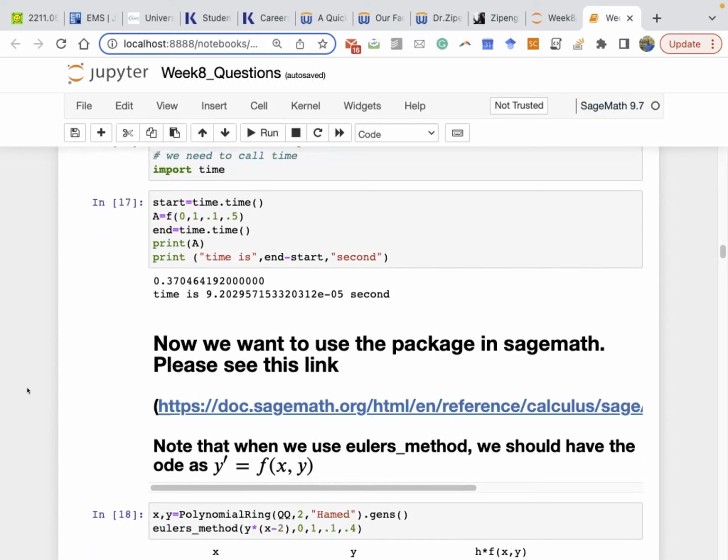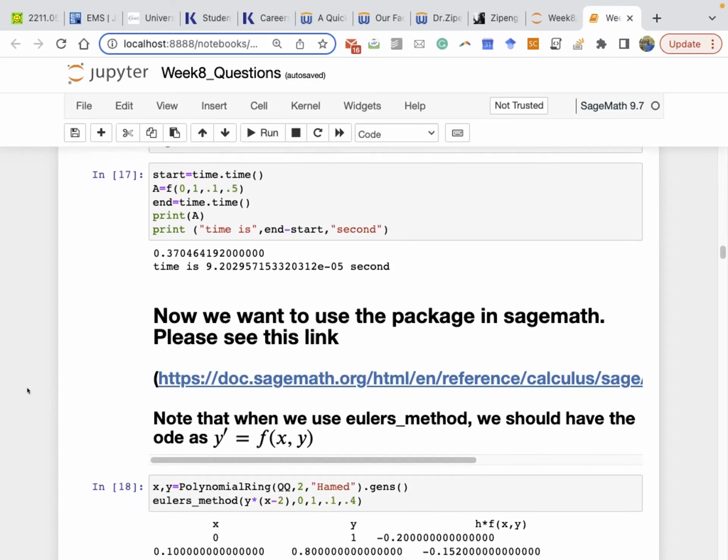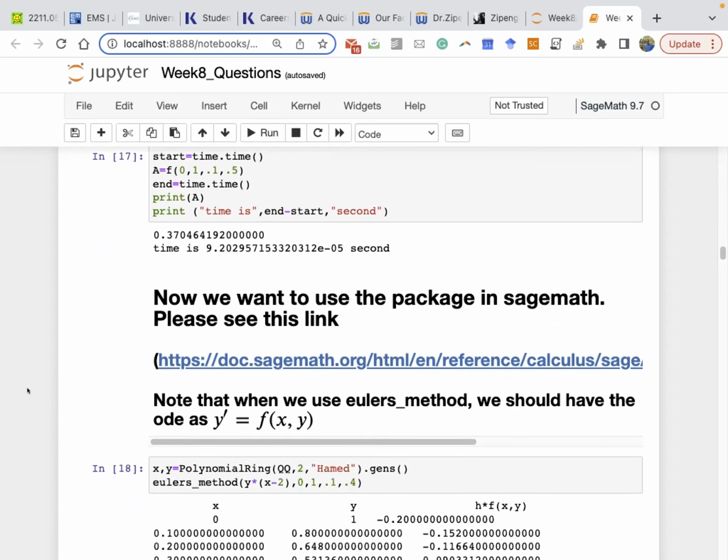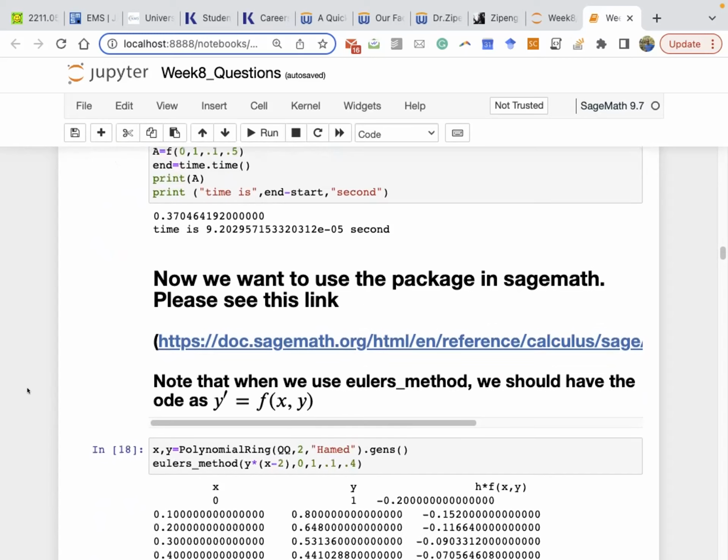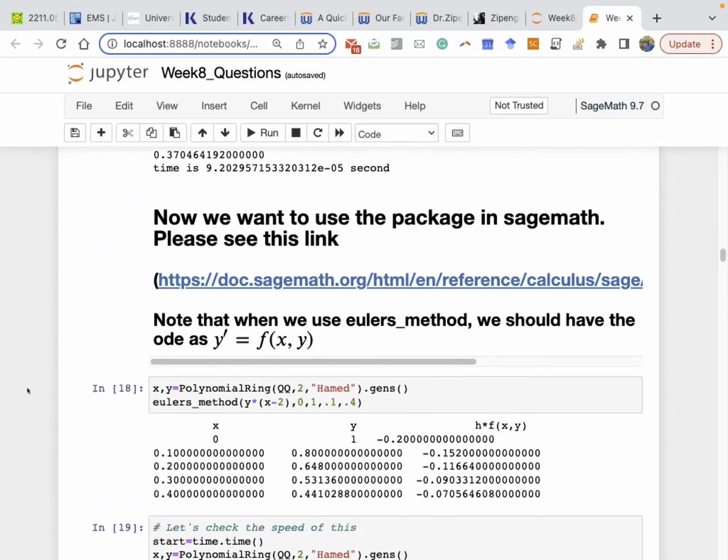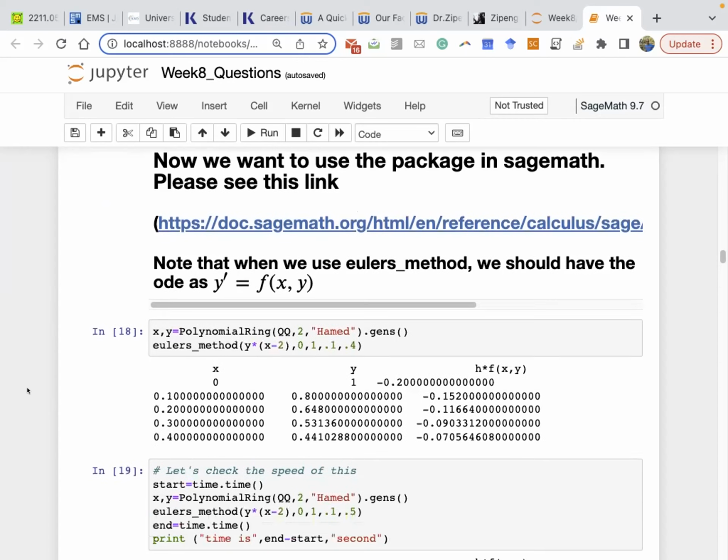So this guy. So very small number. Okay, 10 power minus 5. All right. So we can use Euler's method, simple Euler's method, in the SageMath. Yeah. But we didn't use it, but we want to use this one.